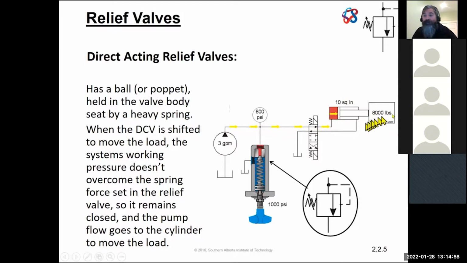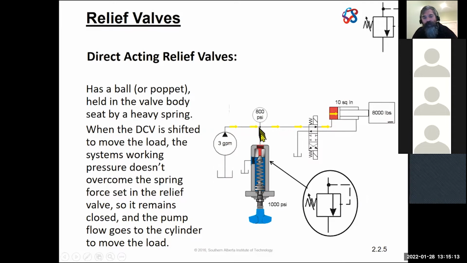When the load is fully extended, of course, the force can continue to rise because the opposing force is the end of the cylinder. Virtually infinite, way more than we want to see in our system. So the pressure would start to rise.